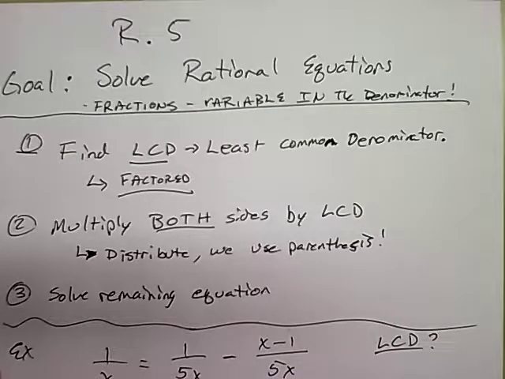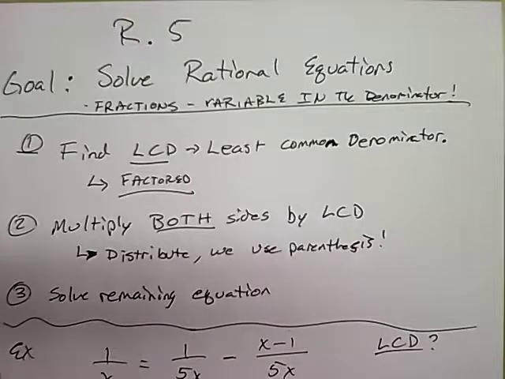Well, when I look at these, they all have an x, but they don't all have a 5. So my LCD here is going to be 5x. I want to make sure that I involve each and every single one of these denominators. What do they all have? And if I multiply the one, like, right, 2 of them are 5x, that's easy.